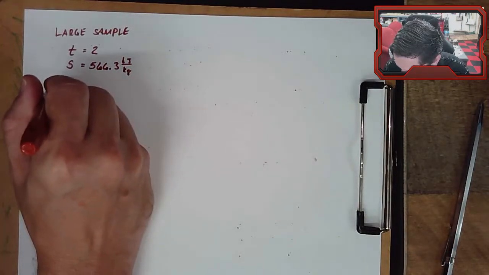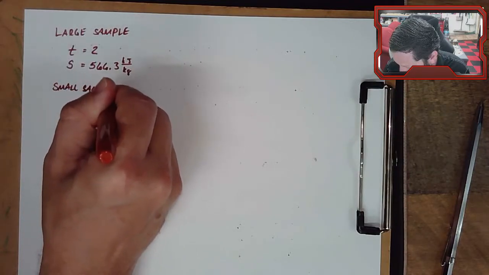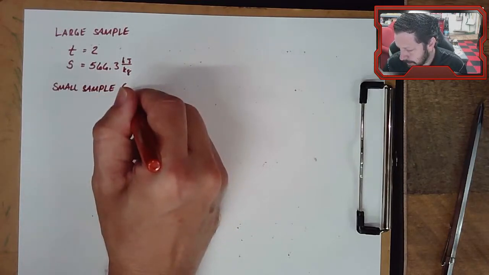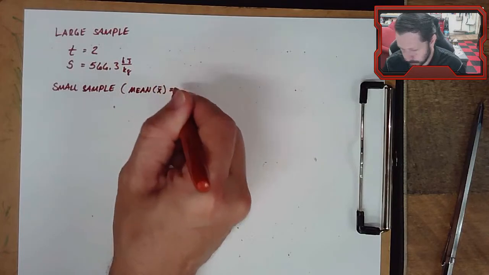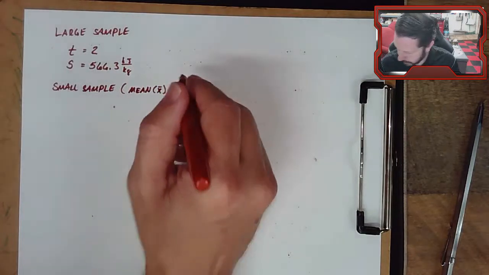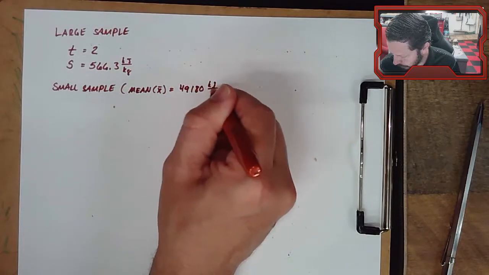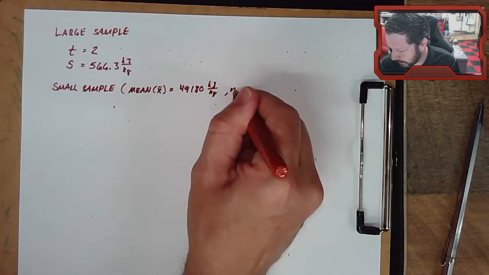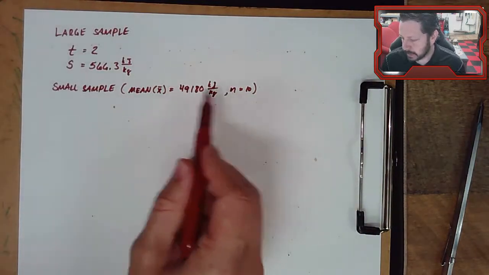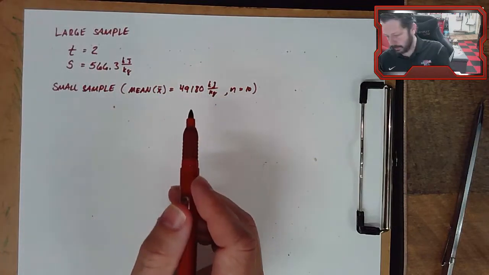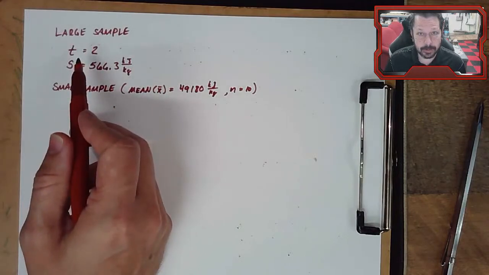Now I take the small sample and it has a mean, or x bar, equal to 49180 kilojoules per kilogram and an n of 10. So this is my sample size of 10, the one that's written right there. But I already know this information from a larger sample.